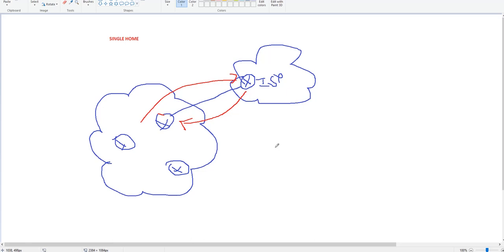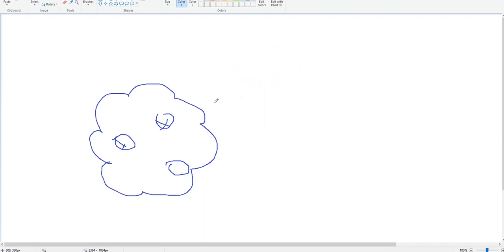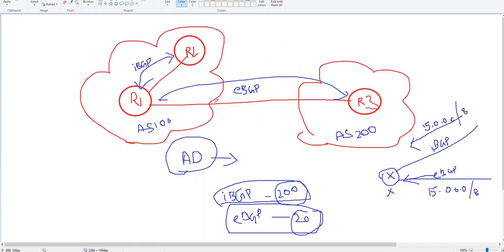This is a simple method that we can implement on these links instead of building BGP. So if it is a single home, you may not be required to configure BGP on that router.